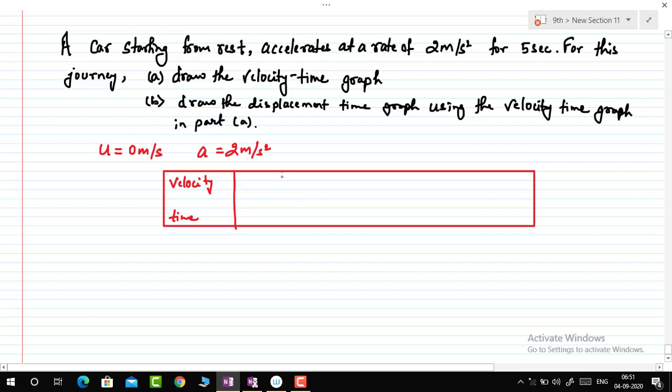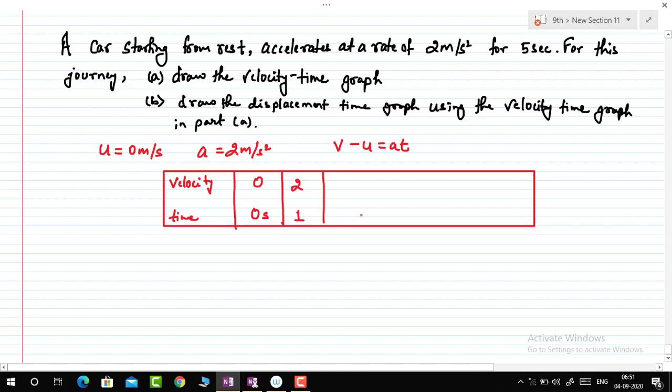So when velocity is 0, then from this equation v minus u is equal to at. So we know that u is 0, so v is equal to at. So at time equals 0 second, velocity is 0. Similarly, for time t equals 1, velocity will be 2 into 1, that is 2.